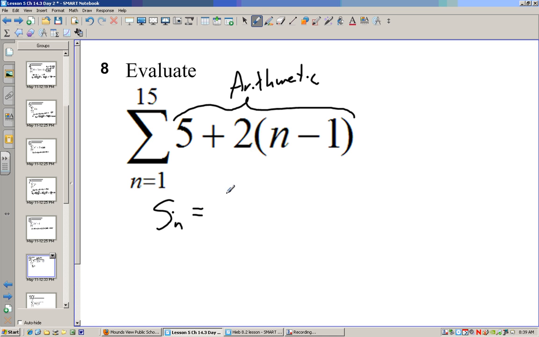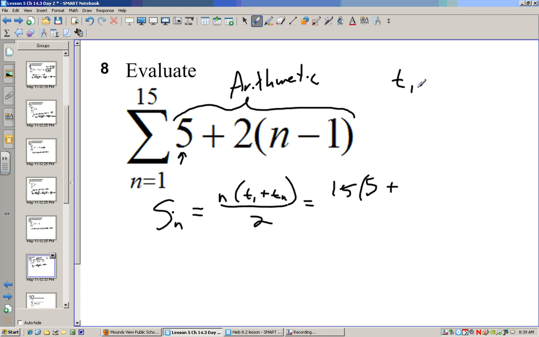So our formula for arithmetic, we take our n times our first term plus our last term all over 2. So our n here is 15 because there's 15 terms. Our first term is 5, plus our last term would be if we plug 15 in. So let's find t sub 15. It would be 5 plus 2 times 15 minus 1, which is 14.